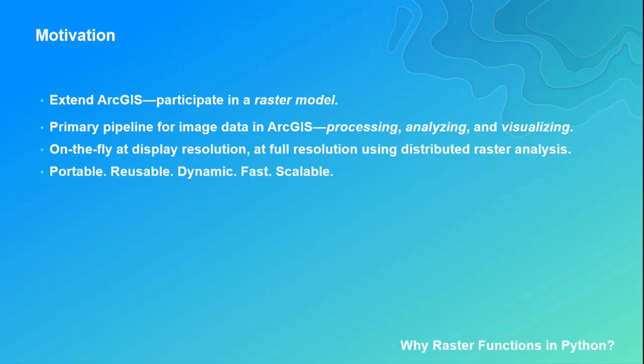So why did we do it? We did it in Python because we could make custom functions in C# back in the day, but a lot of the cool libraries and modules that Python has just weren't accessible through that. We got a lot of push from people to implement this in Python, just because you can use scikit-learn, numpy, scipy, all those cool Python libraries that just weren't available.